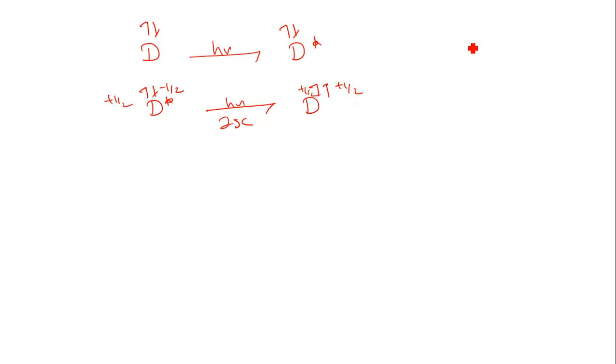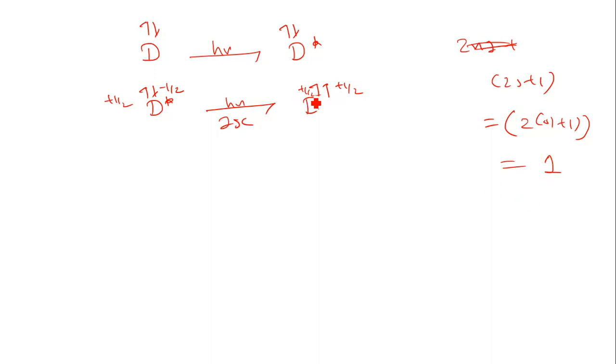Now when you put in the formula for multiplicity, 2s plus 1, what will happen here? Here we have 2 into plus one half and minus one half, so it will be 0, plus 1, so it will have a singlet excited state.